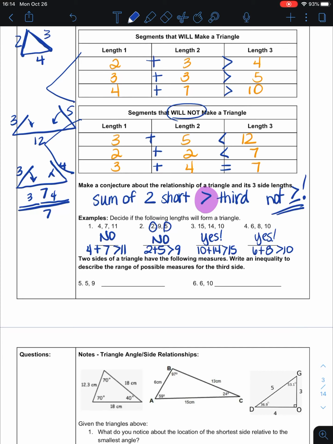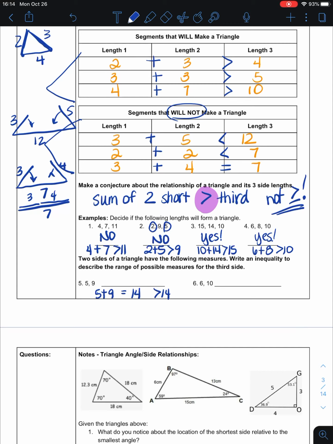Now, what if I give you two lengths and I want to know all the possible measurements I could use for the third? If I have 5 and 9, you have to consider, what if 5 and 9 are your two short sides? Then the third side would have to be bigger than their sum. 5 plus 9 is 14, so the third side would have to be bigger than 14.